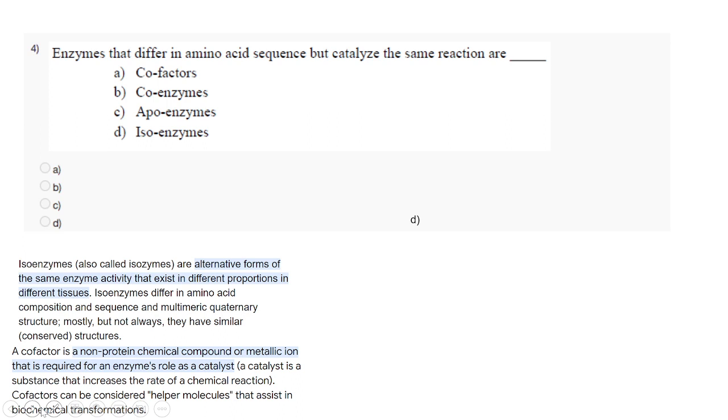A cofactor is a non-protein chemical compound or a metallic ion that is required for an enzyme's role as a catalyst. A cofactor can be considered a helper molecule that assists in biochemical transformation.